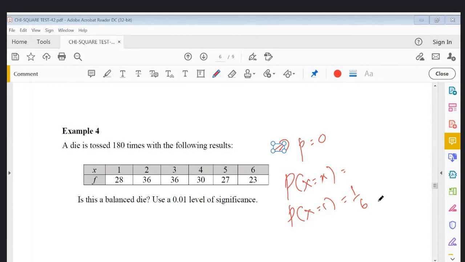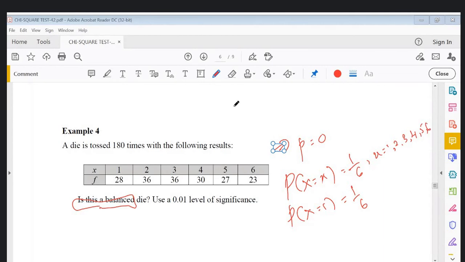It is not binomial. Because the dice has 6 faces, the probability of occurrence is 1 over 6. We want to test the balanced dice. Balanced means the probability is the same for X equal to 1, 2, 3, 4, 5, 6.